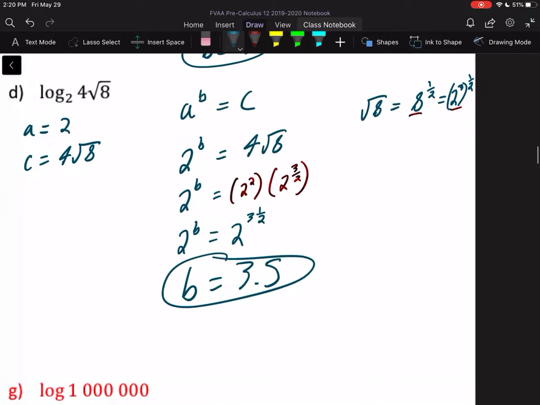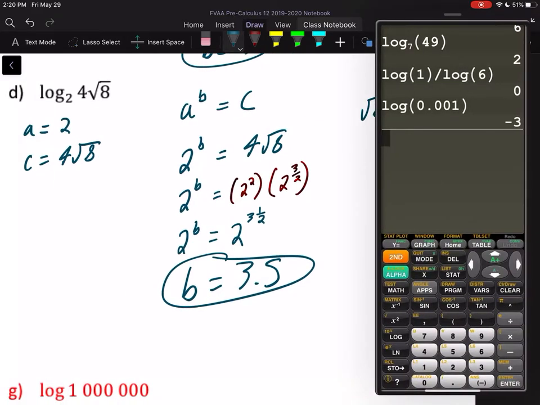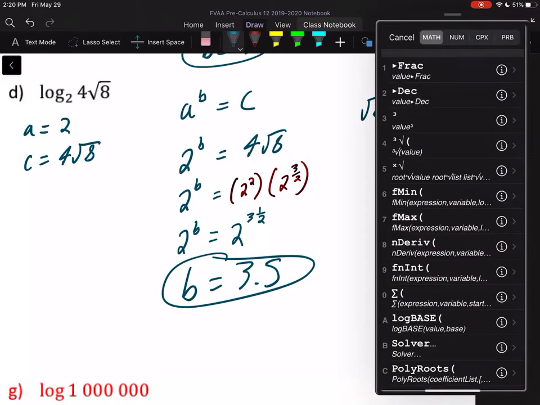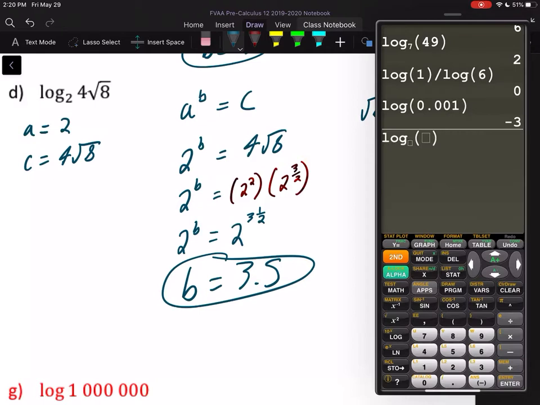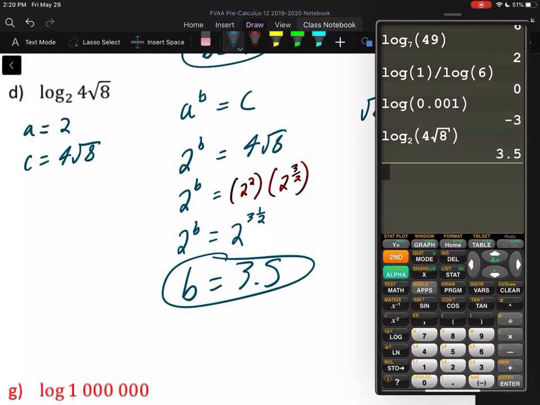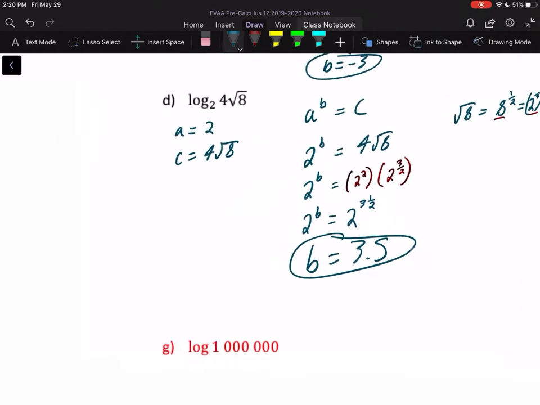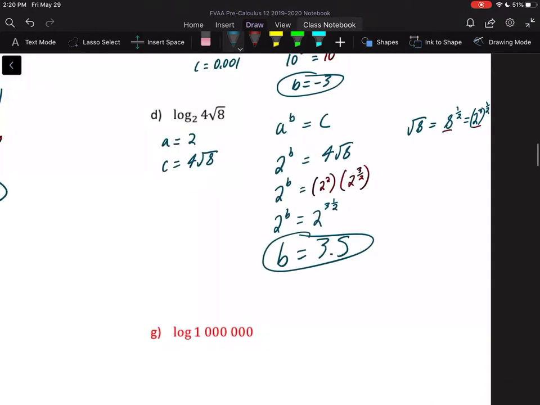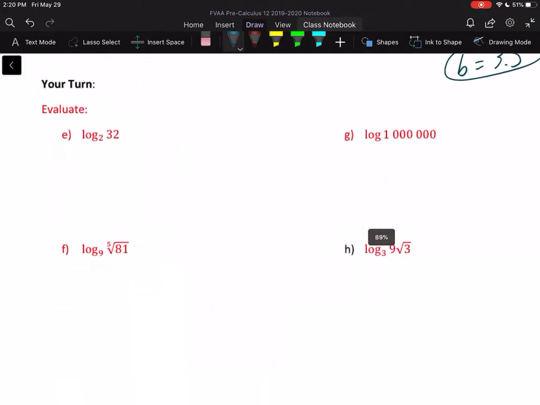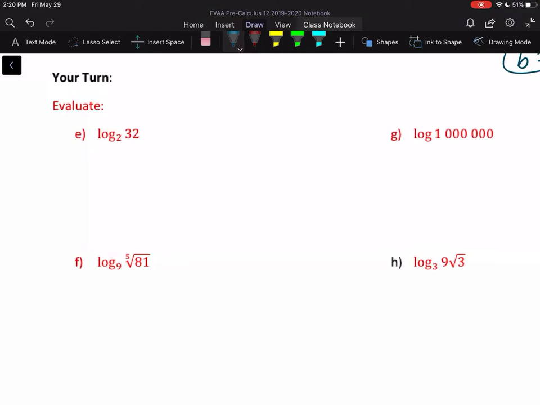All right, and if I were to just plug it in here like this, math log base 2 and then 4 root 8, I would get the exact answer, 3.5, to confirm. But for these ones here, eventually you'll just be able to plug them into your calculator. That's fine, and it's important that you know how to do that as well.